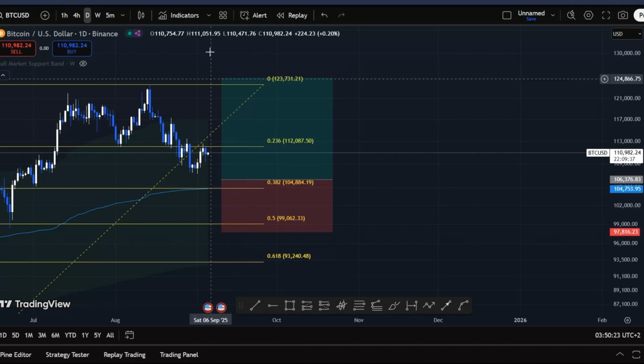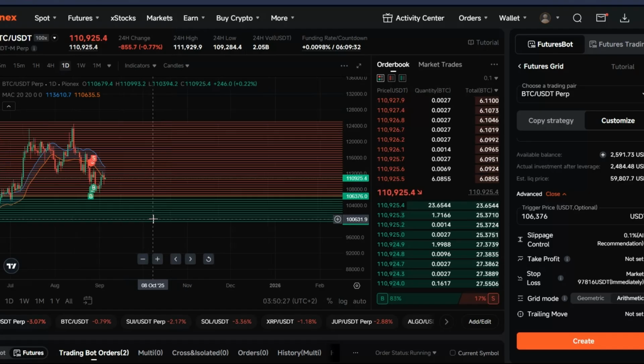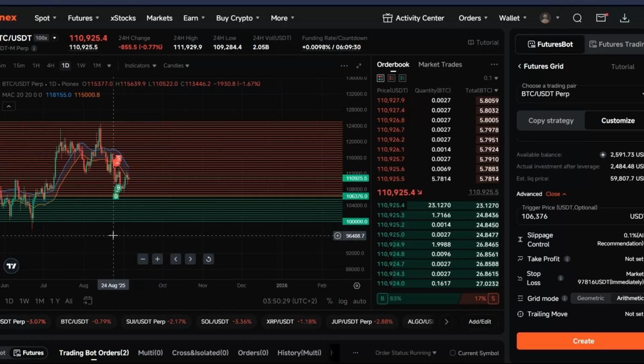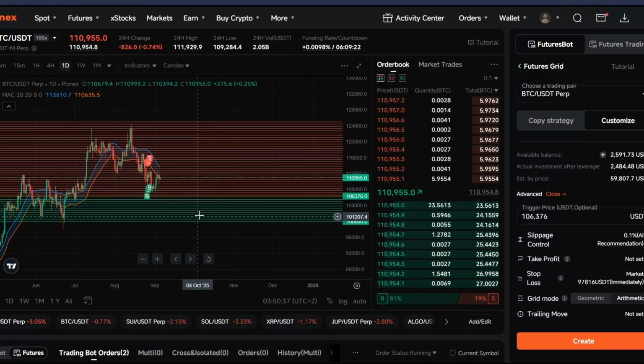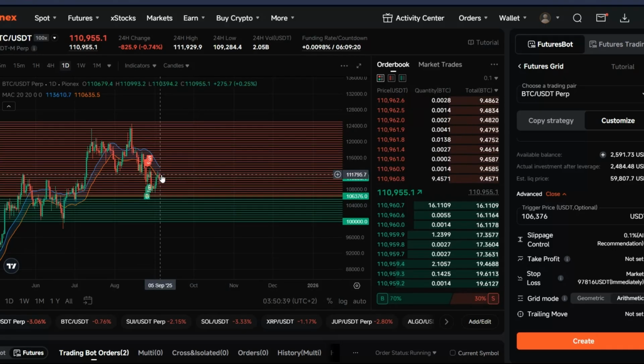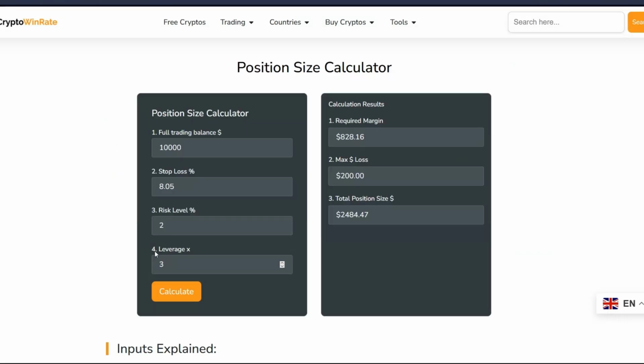But since there's going to be money waiting on each of these lines, my loss is not going to be 2%. It's going to be less. Plus, every time the price bounces and buys and sells, that's going to be a profit that is going to mitigate my loss. So in case the price really goes against me, it won't be 2%, it will hopefully be close to 1%.